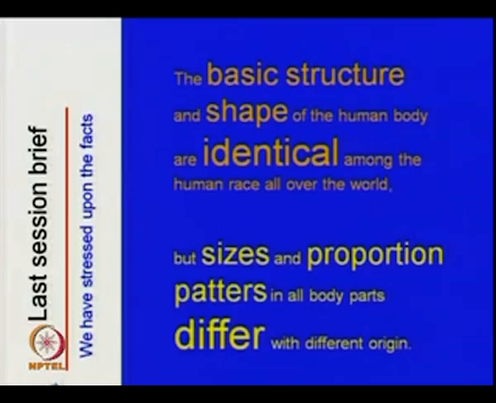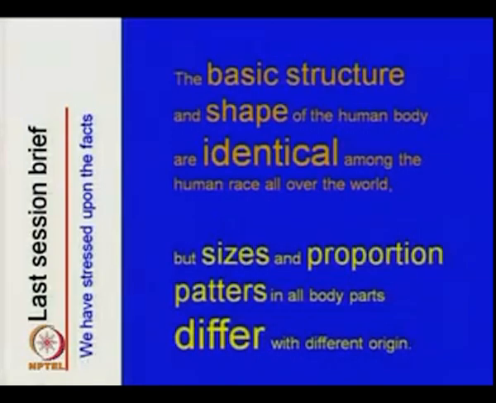Now, a brief recall of whatever we discussed last class. We stressed the fact that the basic structure and shape of the human body are identical among the human race all over the world, but size and proportion patterns in all body parts differ with different origin.